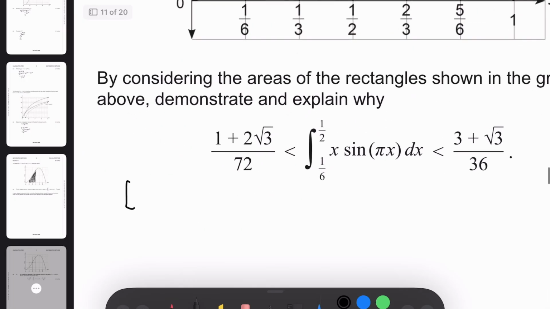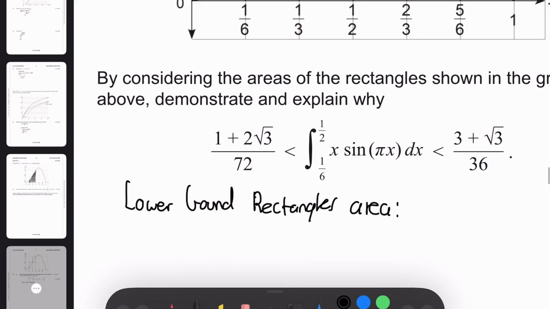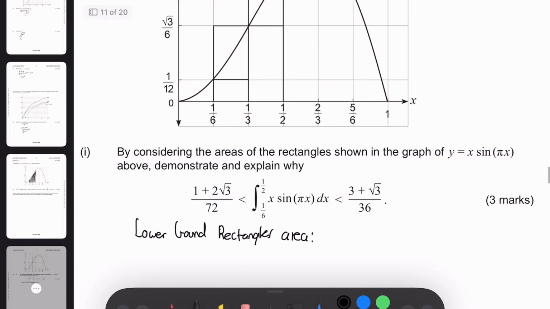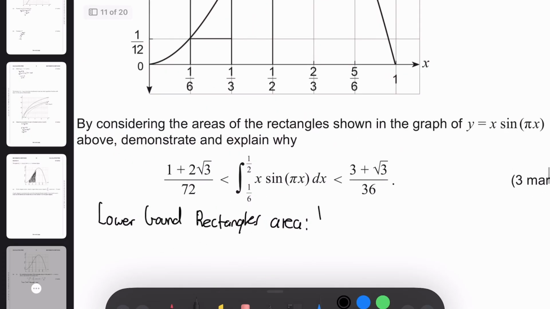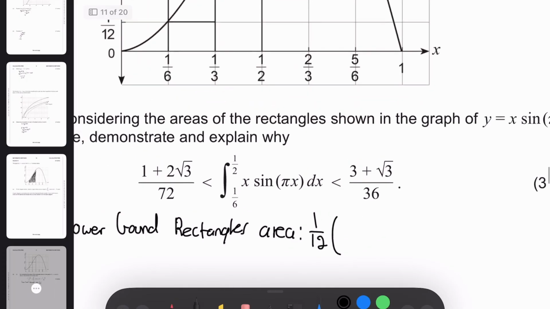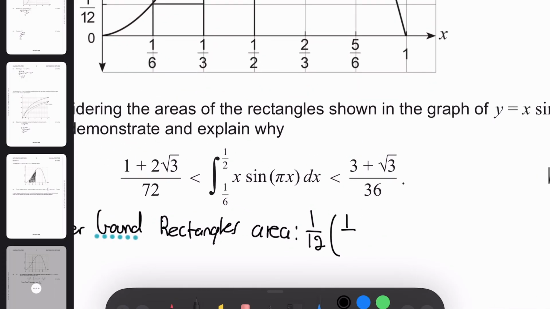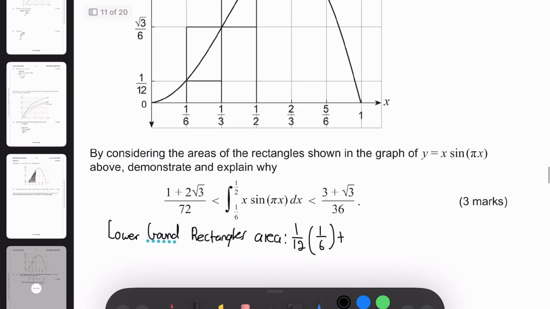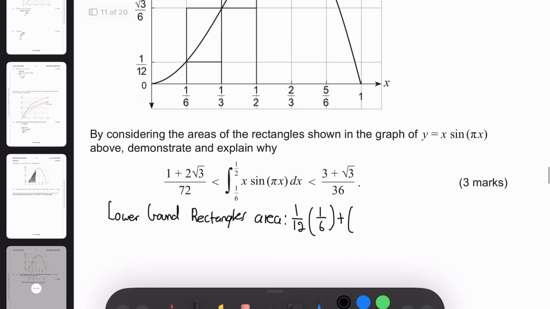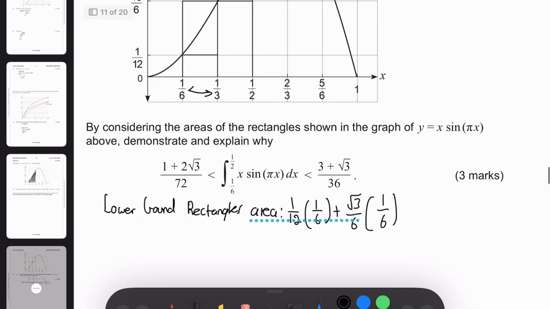So lower bound rectangles: the area is going to be equal to 1 on 2, 1 on 12 times, and then here we have 1 on 6 plus the height of the other one, which is square root of 3 on 6, times, again, the width of our rectangle here, which is 1 on 6.